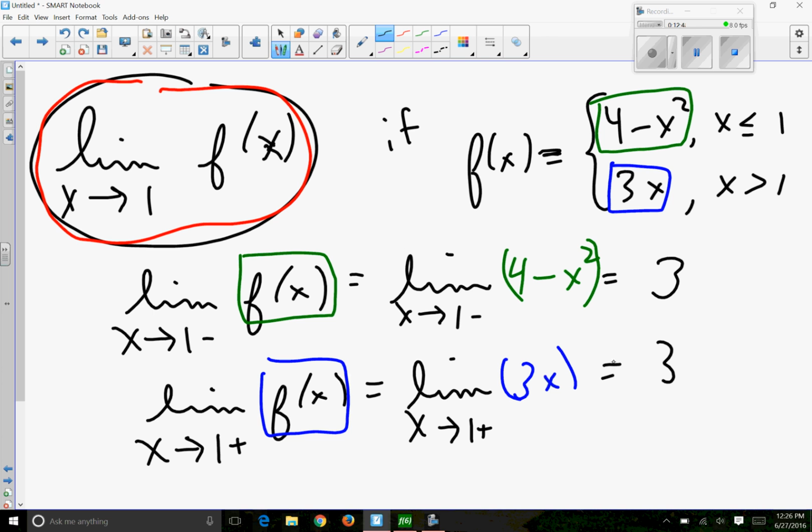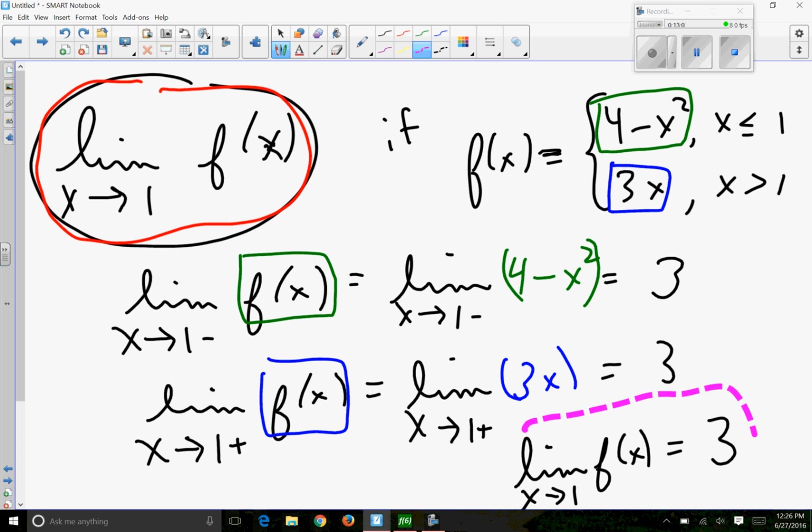Because these are the same value, the limit of the piecewise function as x approaches 1 is 3. If we did not get the same values here, we would have said the limit of f of x as x approaches 1 does not exist. But in this case, the limit does exist. It's equal to 3.